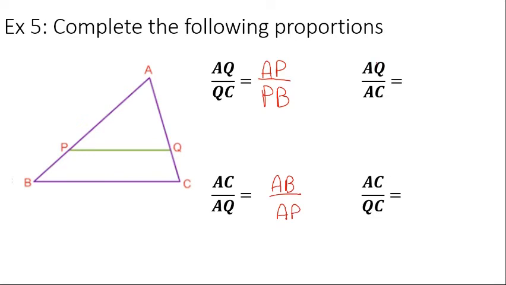Over here, AQ is the top part, so AP. AC is the whole, so the whole part over here is AB. Like here, AC, whole thing. Oh, AC. And then QC is the bottom part, so PB.